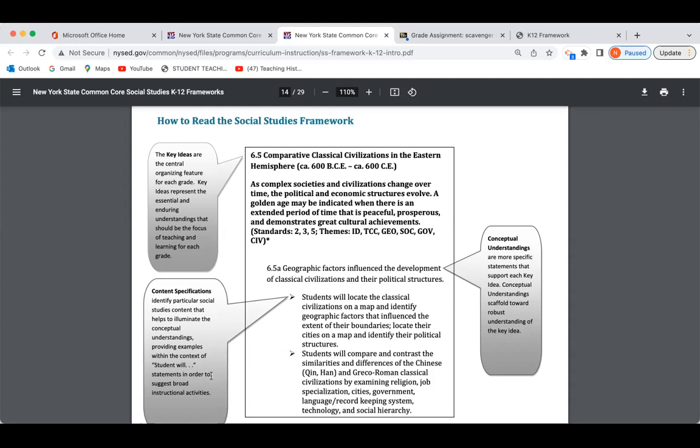So if you wanted to have students analyze maps, if you wanted them to analyze other documents, if you want to draw comparisons between the Han Dynasty and the Greco-Roman societies, then you're able to do that by examining certain historical records.